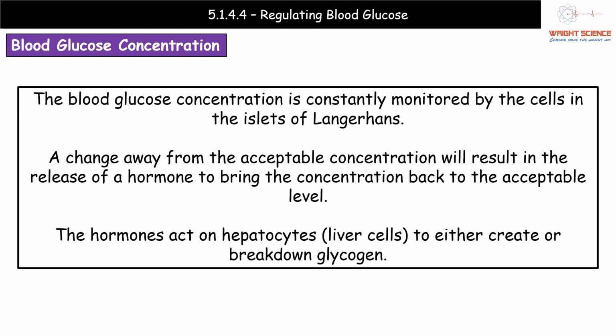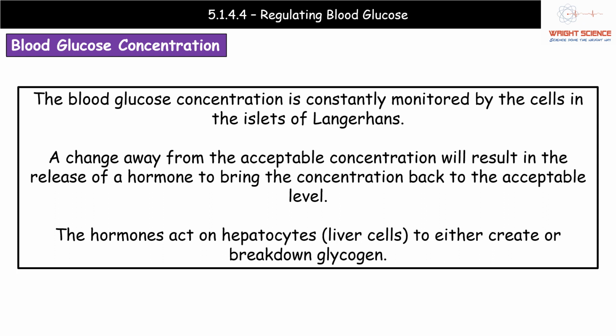What should happen then in terms of how our body copes with blood glucose concentration and keeping it within the acceptable range of between 4 and 6 millimoles per decimeter cubed? Well, first of all, we need this monitoring process. So your blood glucose concentration is actually constantly being monitored by the cells in the islets of Langerhans within the pancreas.